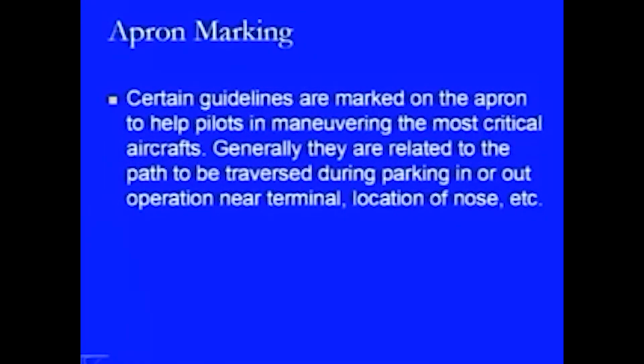Apron marking provides guidelines which are marked on the apron to help the pilots in maneuvering the most critical aircraft. Most critical aircraft means here whatever is the biggest type of aircraft which is going to use the airport.